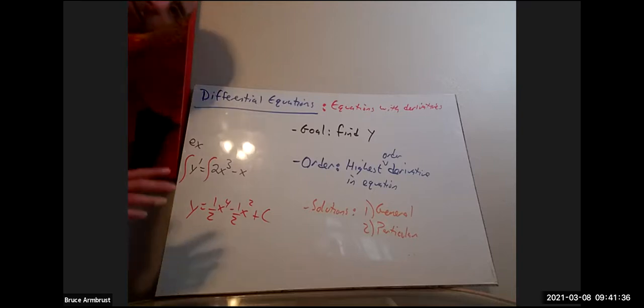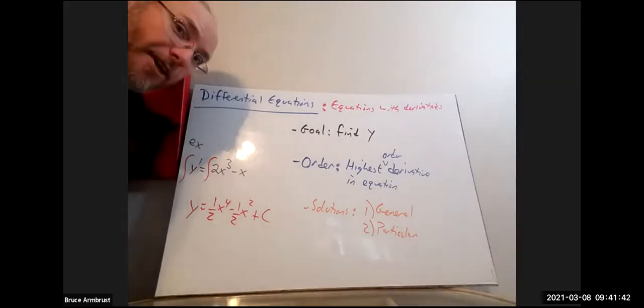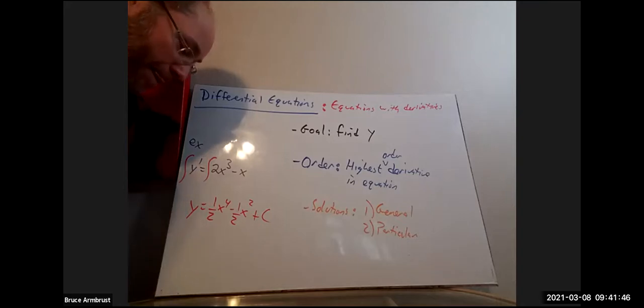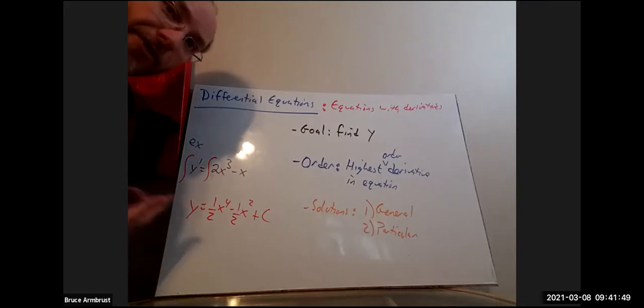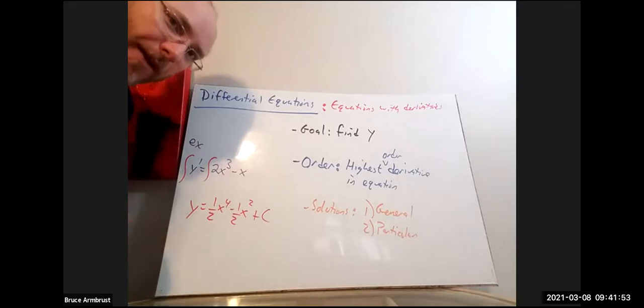All right, so just real quick. You already know how to solve some differential equations. You know how to solve differential equations that have only a derivative, so like only y prime or only y double prime or y triple prime.